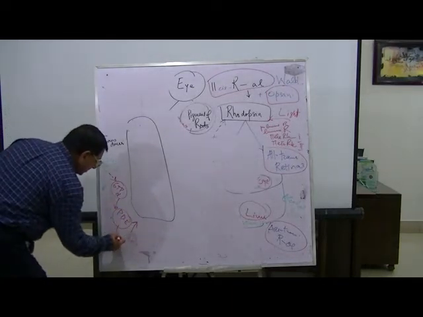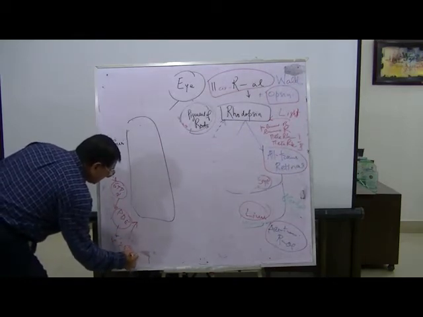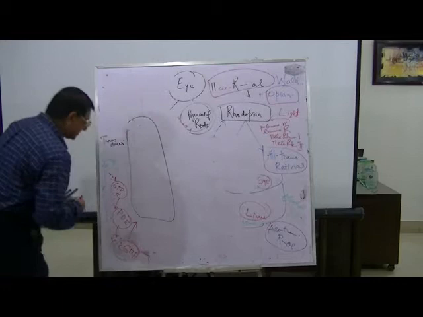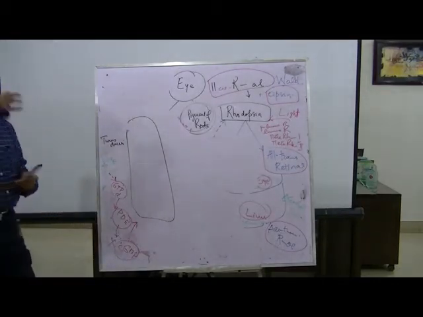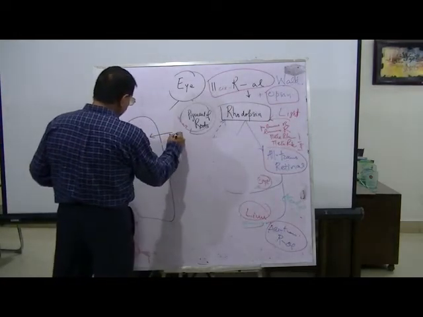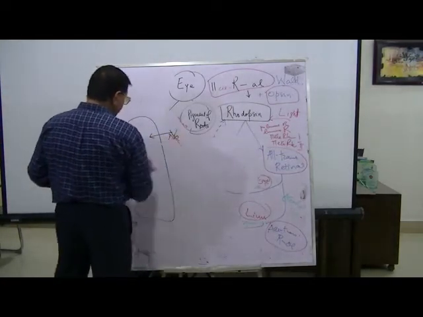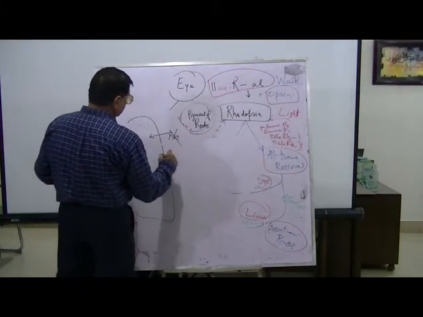This acts on and destroys cyclic GMP. Cyclic GMP is destroyed, which will reduce the entry of sodium, while the potassium keeps going out.